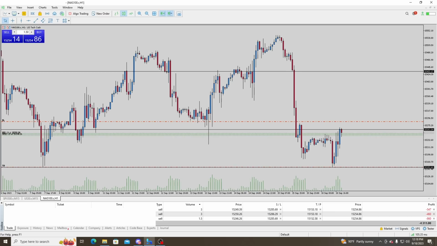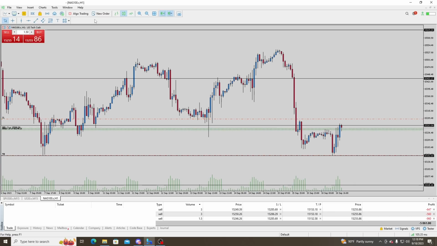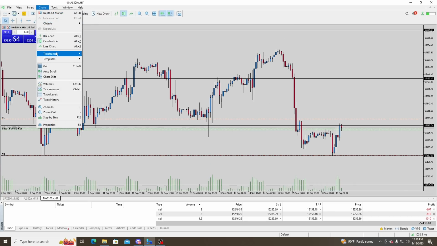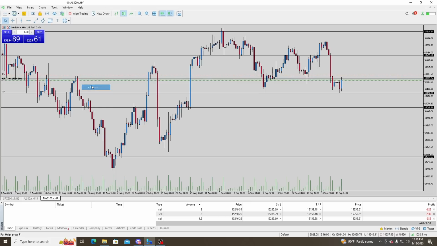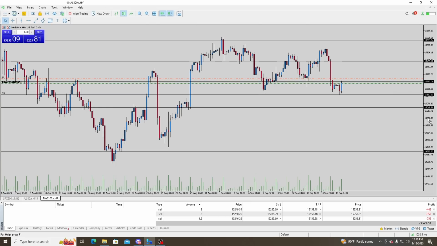So really quick, I'm going to skim through why I decided to take this trade. If we look at the NASDAQ on the 4-hour time frame, essentially we pay attention to this 15,263 area of resistance. This is going to be a major resistance range for us, where price action did previously hold this as support on the 13th of September, and price did break through.